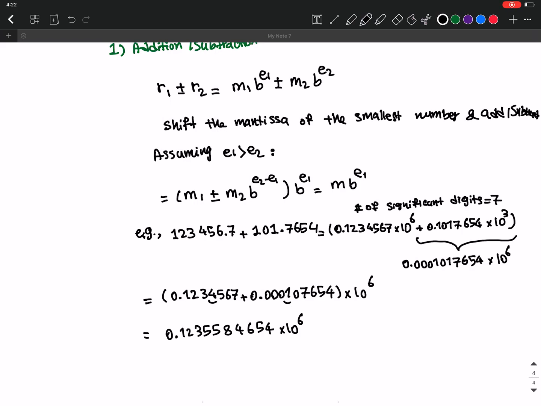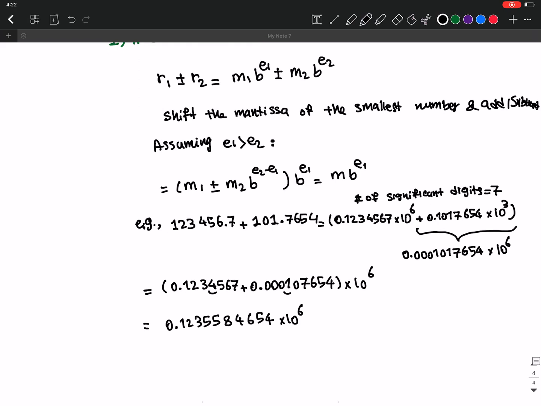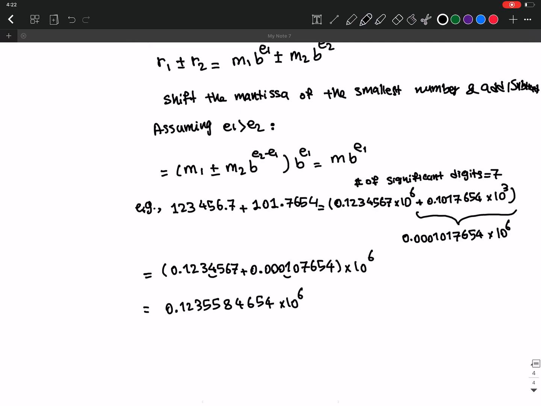That we stored in the computer, say. Okay, so now this has increased to 1, 2, 3, 4, 5, 6, 7, 8, 9, 10. Okay, so in the computer, if you want to save this number, and if you only have 7 bits to store this number, we have to chop the extra numbers, right? The extra digits that are less important and less significant.